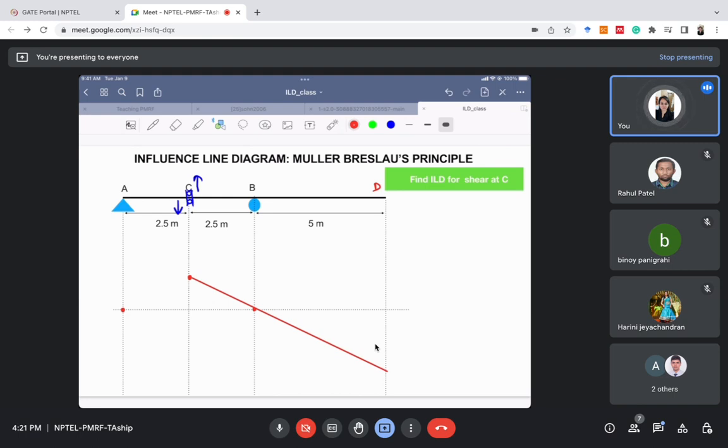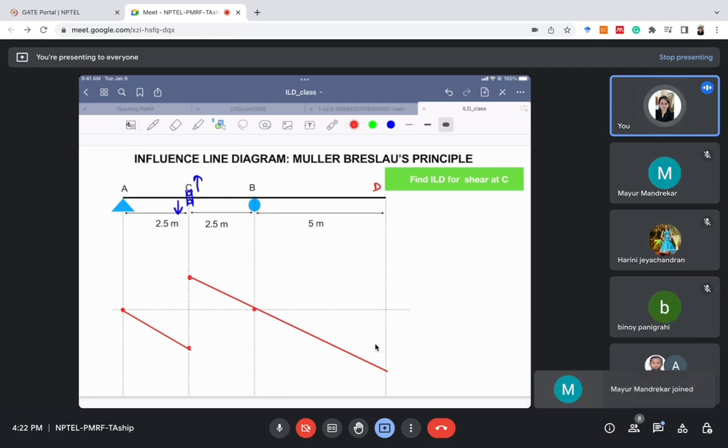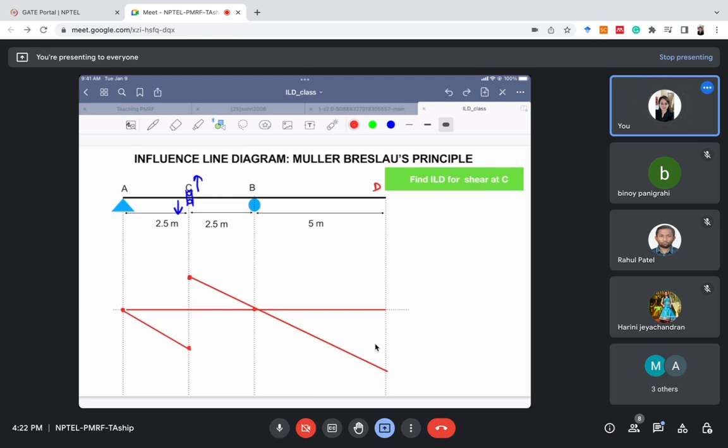And the other thing is we take this left part AC and pull it downward like this, and let's join the things. So this is the deflected shape. Now we will join everything, and this will be the ILD for shear at C.